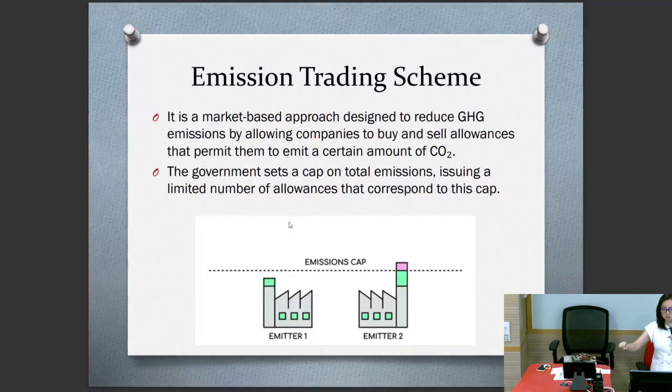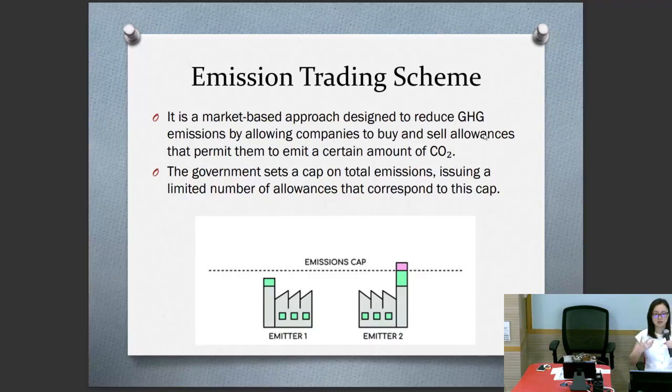And the emission trading scheme, ETS, is a market-based approach designed to reduce greenhouse gas emissions by allowing companies to buy and sell allowances that permit them to emit a certain amount of carbon dioxide. Allowances allow the organization to emit a certain amount of carbon dioxide.